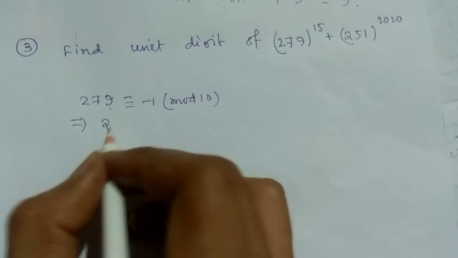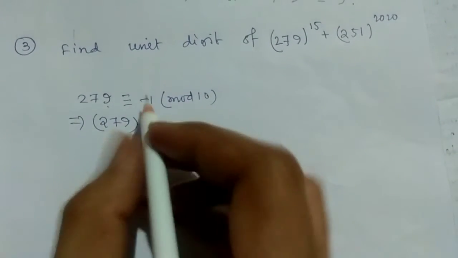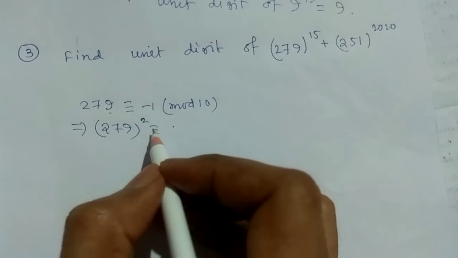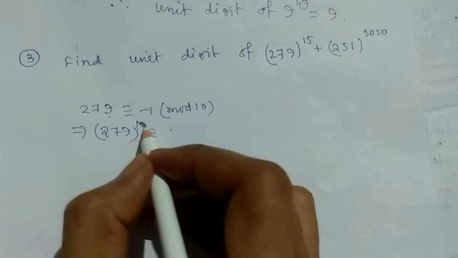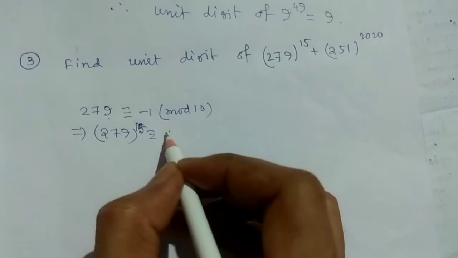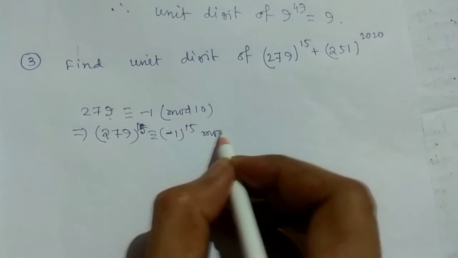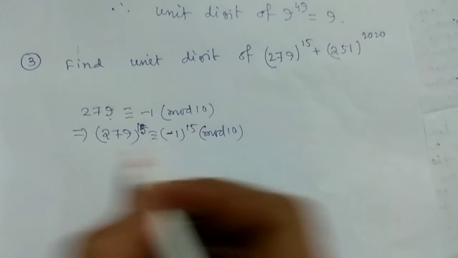Now 279 to the power 15 is congruent to minus 1 to the power 15 mod 10.